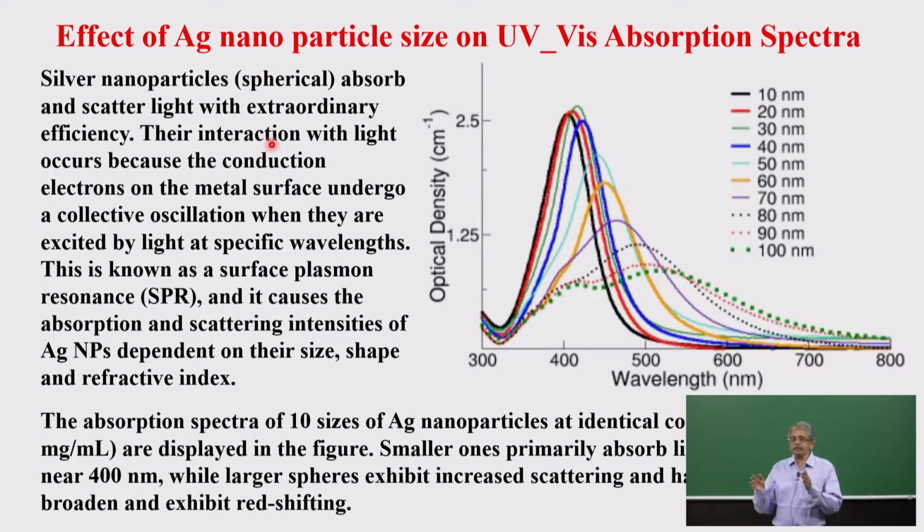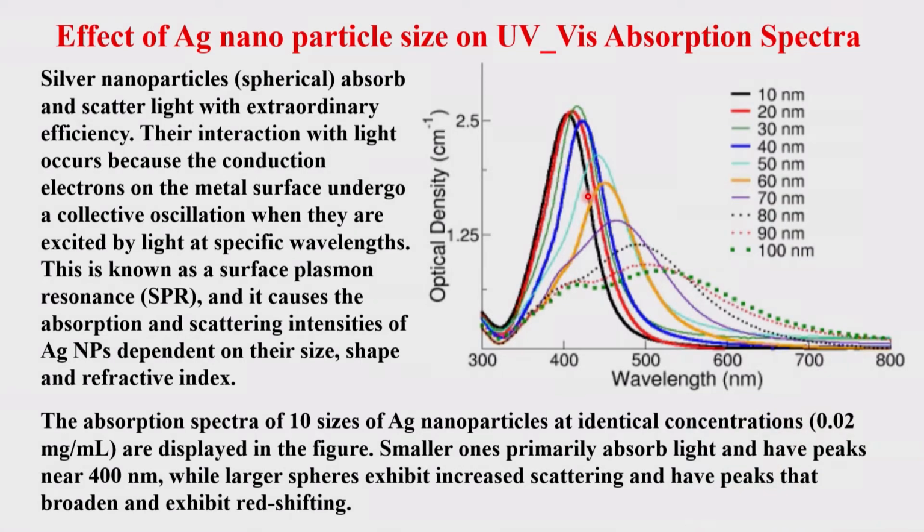As long as these are in the nanometric scale, the electrons on the surface, basically the conducting electrons, get influenced by the light incident on these particles, and there is a collective oscillation coming out of that, and that results in a band which is called surface plasmon resonance.